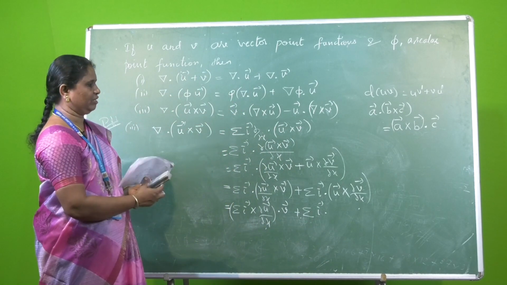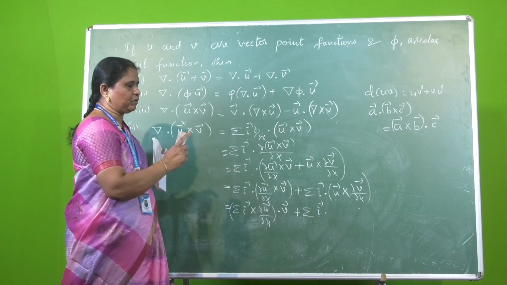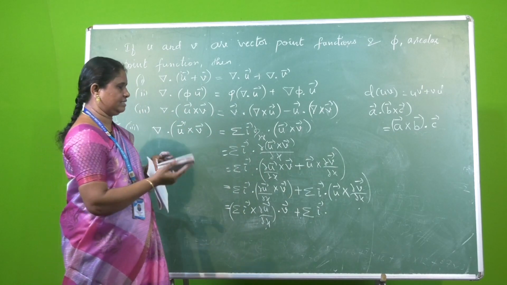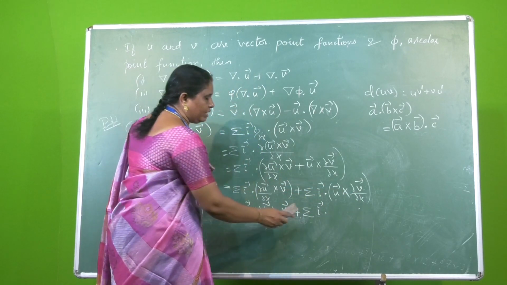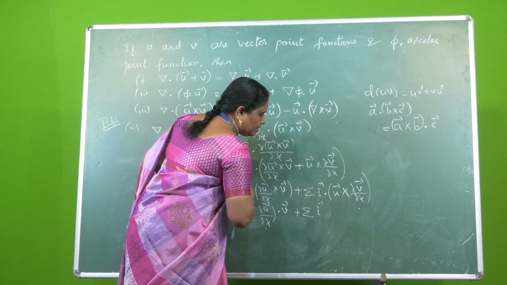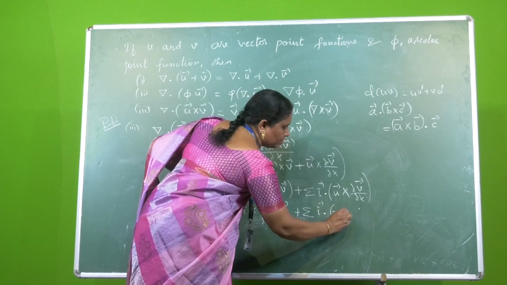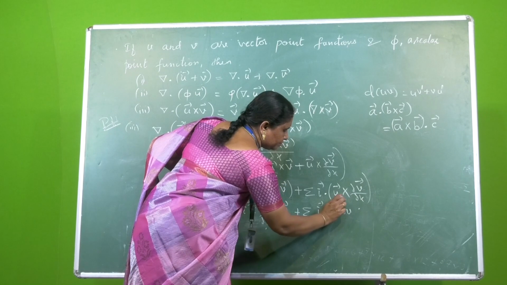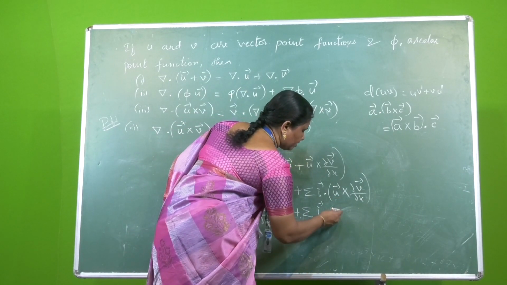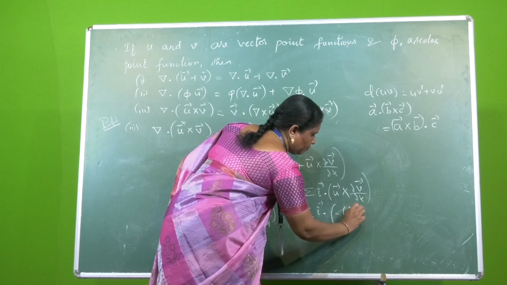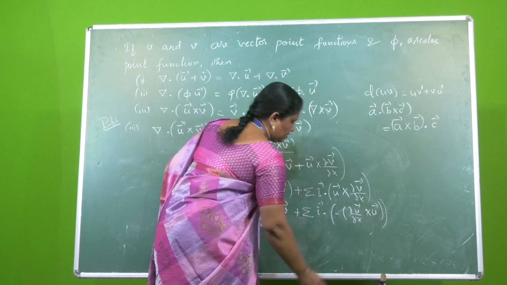Before this step we have to replace the cross product u cross dou v by dou x. As summation i is applicable to dou v by dou x, we can write this as summation i dot minus of dou v by dou x cross u vector.